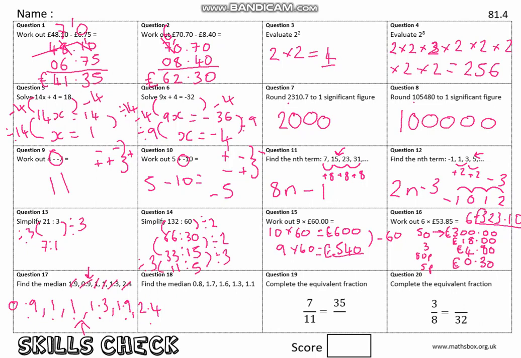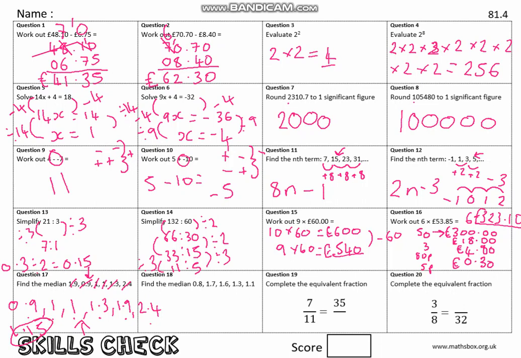So then what we've got to do is find the middle between those two, okay? So we've got to find out the difference. So what is the difference between 1 and 1.3? Well, the difference is 0.3. We've then got to halve that, so divide that by 2 equals 0.15, and then we can just add that to the 1. So the median is 1.15. Okay, so that's the answer there.